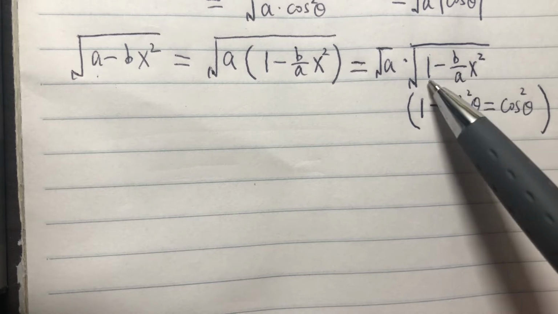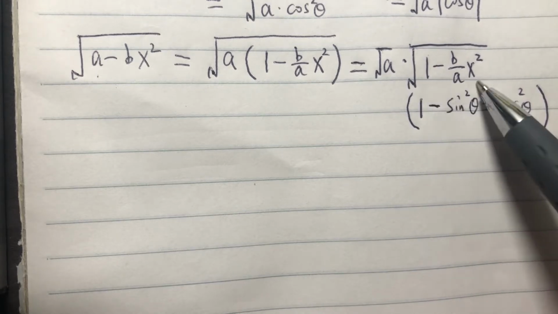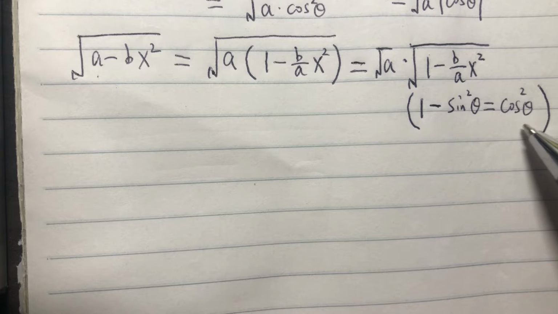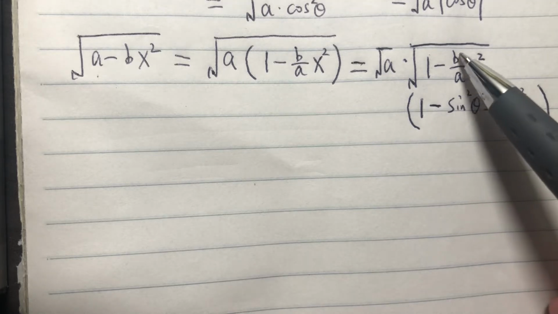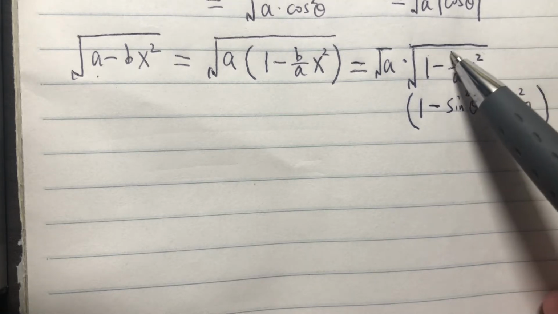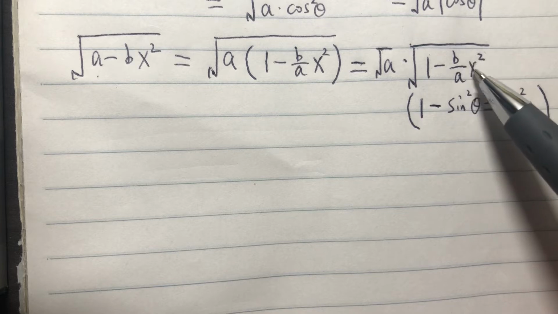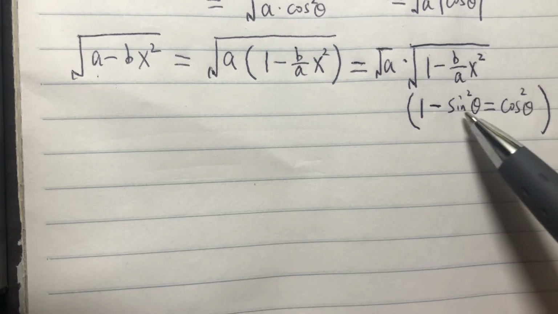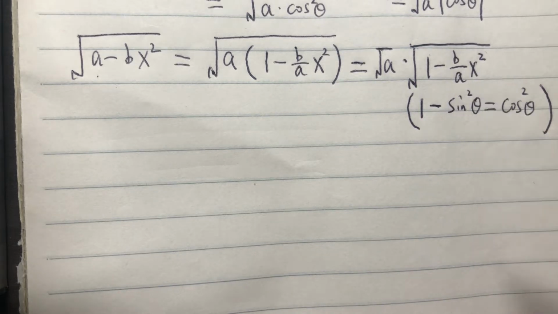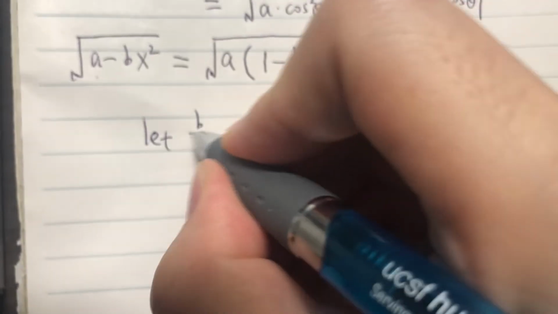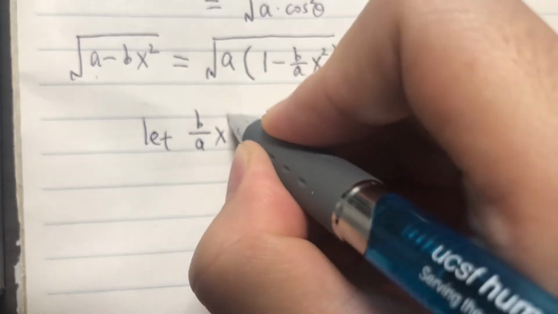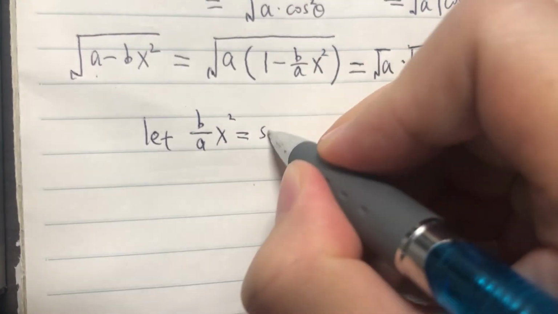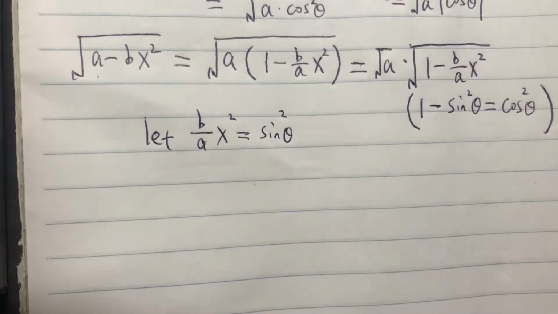We want to make the whole thing in the square root equal something squared. So the whole thing, b over a times x squared, is sine theta squared. So we let b over a x squared equal sine theta squared.